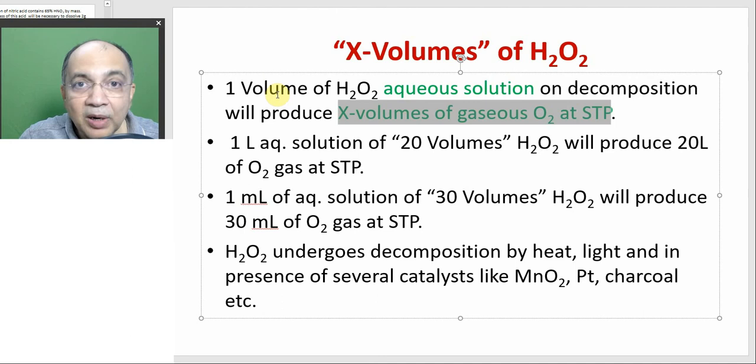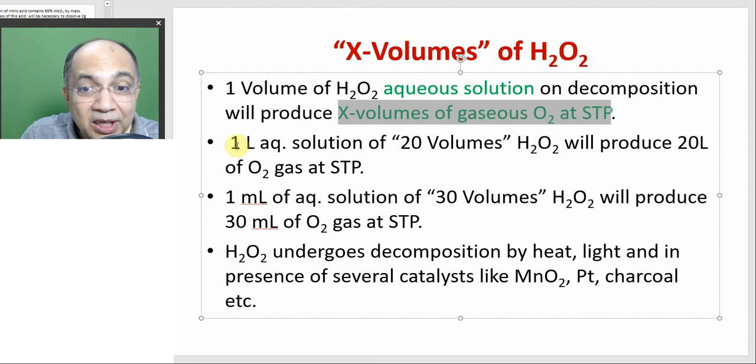For example, I have bought a 20 volumes hydrogen peroxide because it is a disinfectant, antiseptic. I keep it at home. Whenever there are bruises on my skin, I apply hydrogen peroxide solution. It acts as an antiseptic. So, if I have bought a bottle of 20 volumes H2O2, what does it mean?